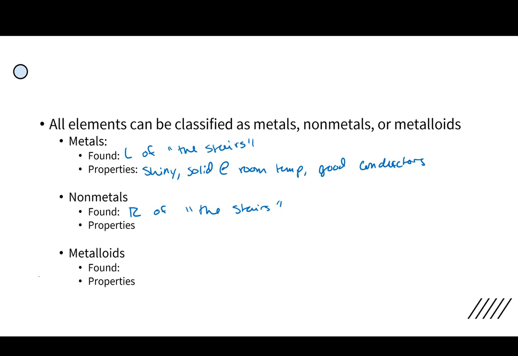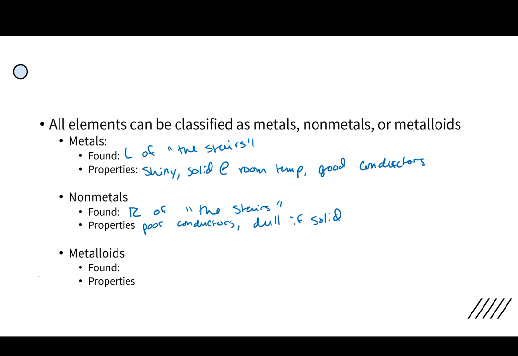Properties of nonmetals are just opposite of properties of metals. They're poor conductors. Not a lot of them are solid at room temperature, but if they are solid, they're dull, brittle solids.